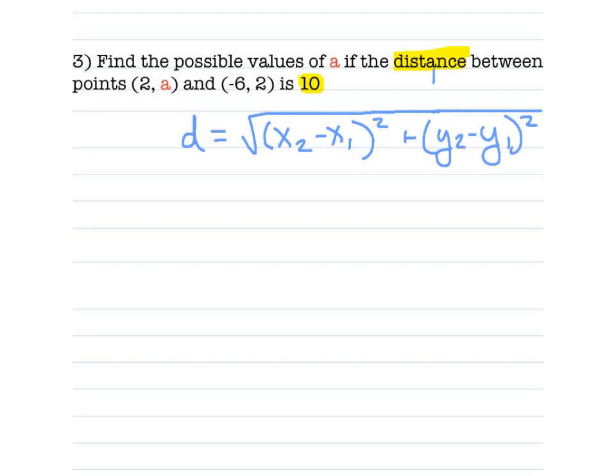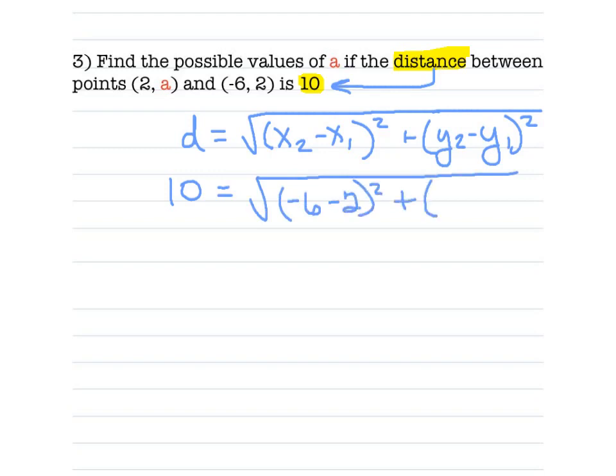We know that the distance between the 2 points is 10, so we'll plug that in there. 10 equals, and let's substitute everything else that we know. All right, so x2 is -6 minus 2, squared, plus y2 is 2 minus a, squared.